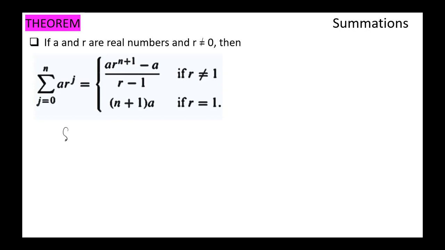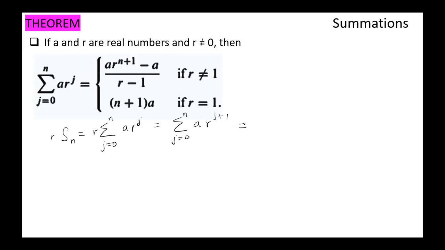To prove this, let S_n equal the summation j equals 0 to n of a r to the power j. To compute S, we multiply both sides by r and manipulate the resulting sum as follows. The right side equals the sum j equals 0 to n of a r to the power j plus 1.